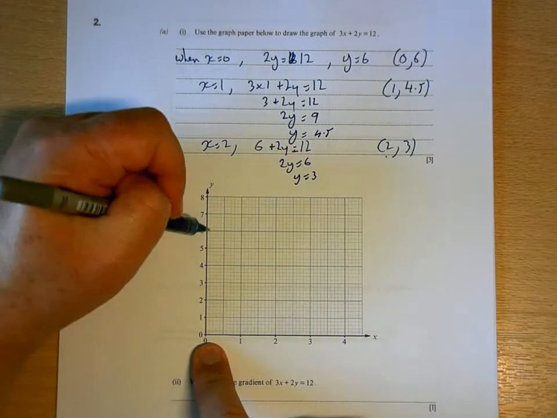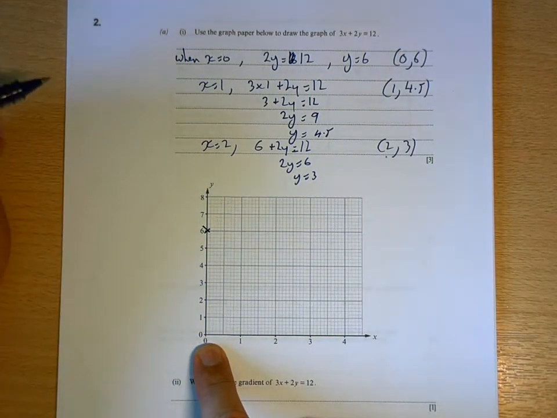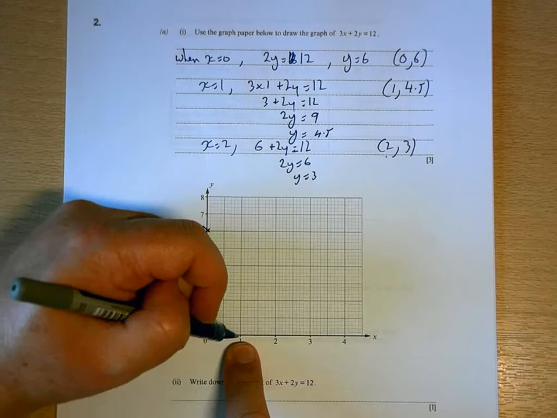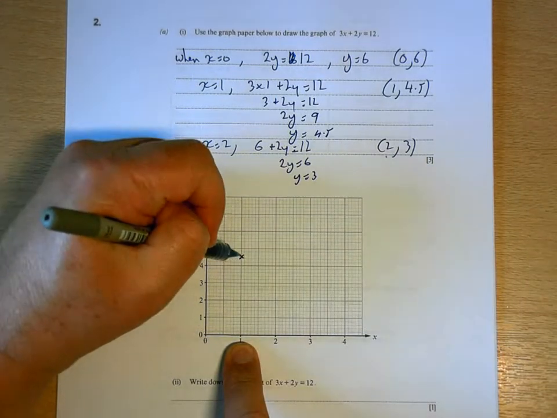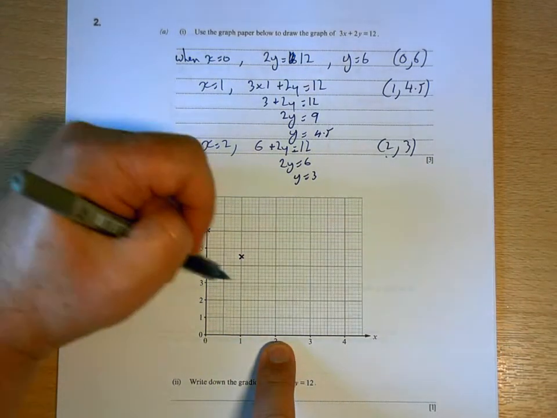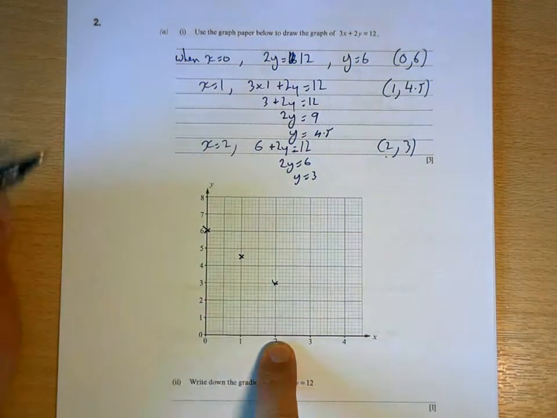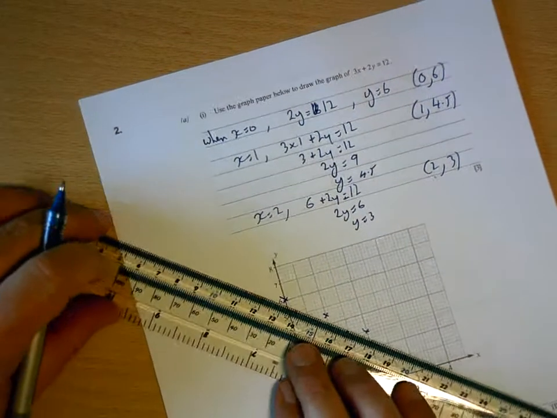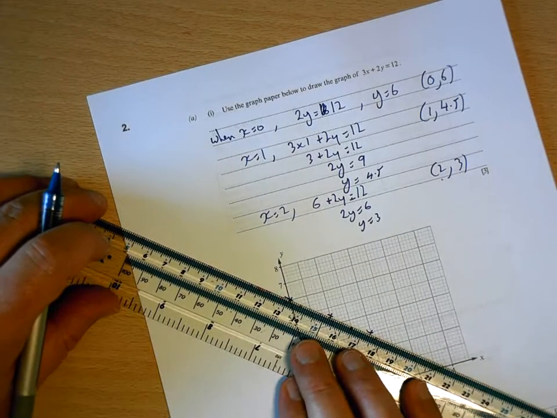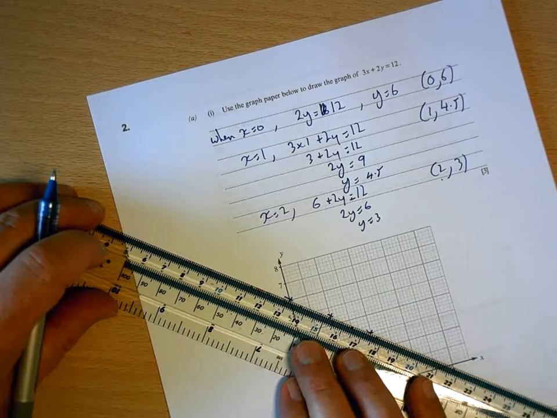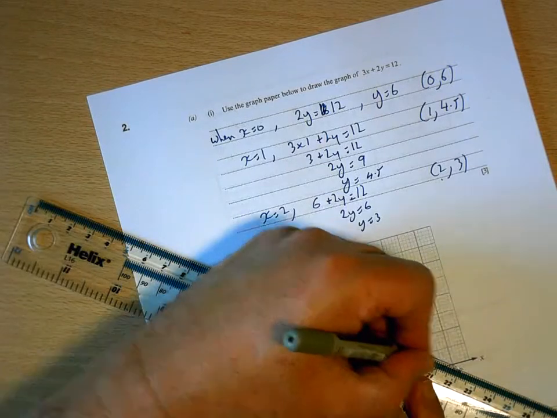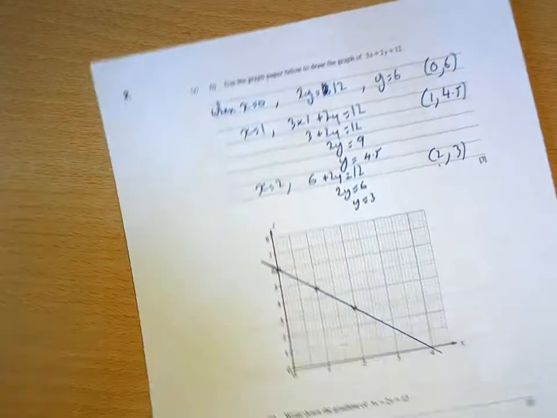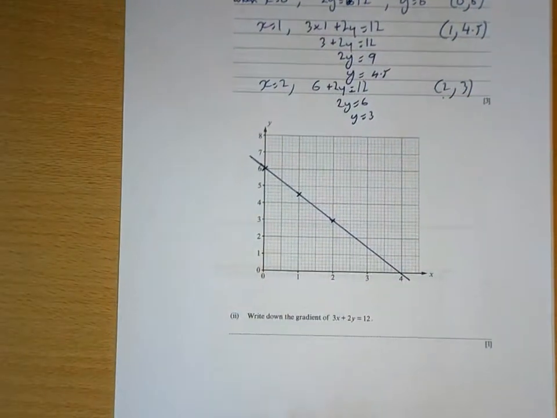So on my graph, x is 0, y is 6; 1, 4.5; 2, 3. That looks good. That looks a pretty straight line to me. So I'm quite happy that that is going to be right.